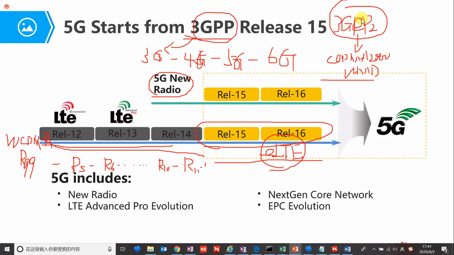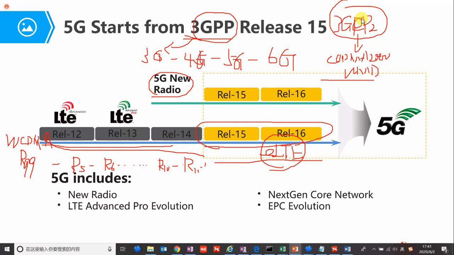Because in our 4G, some operators have invested a lot of money. So there are many 4G base stations. They don't want to spend too much money to deploy 5G.